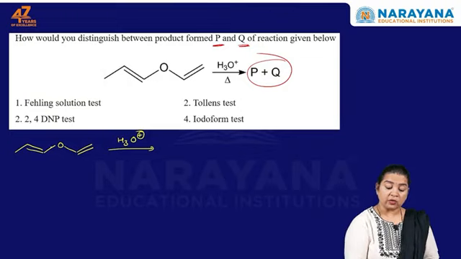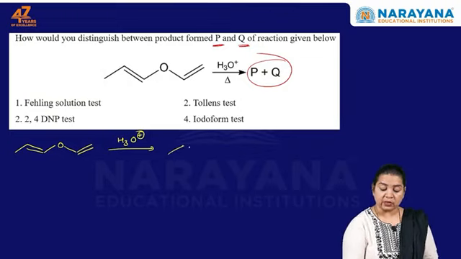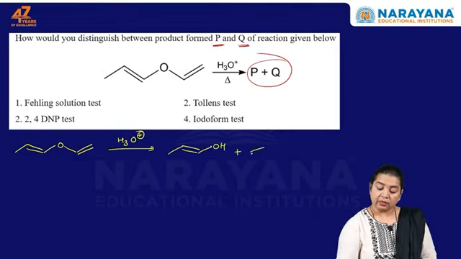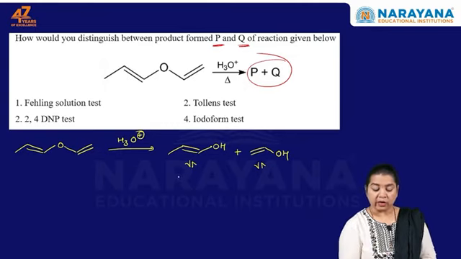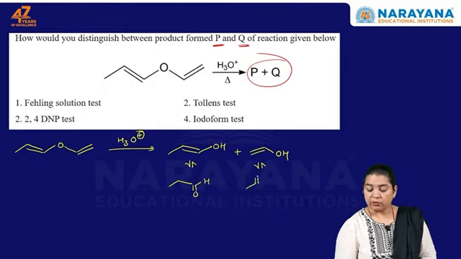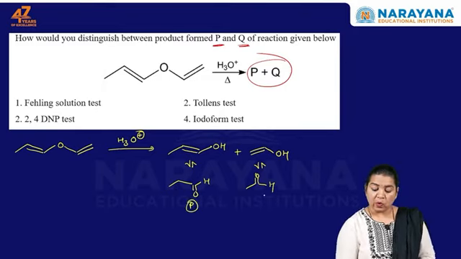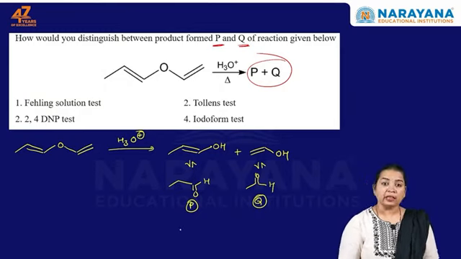Hydrolysis of such ethers can give, though this is not so appropriate in terms of mechanism. When you have advanced preparation, you will find the exact mechanism on our channels. Go through them if you want to know in detail. So what are my P and Q? One is propanol and the other is ethanol.